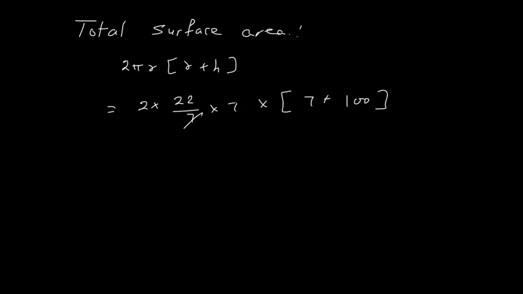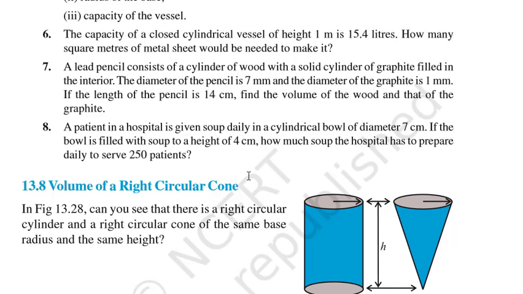So this 7 will cancel. We have 44 into 107. Now 44 into 107 will give you 4708 centimeter square. So this is the total surface area. They haven't asked me to find it in centimeter square or meter square, so in whatever unit you want, you can find this value.